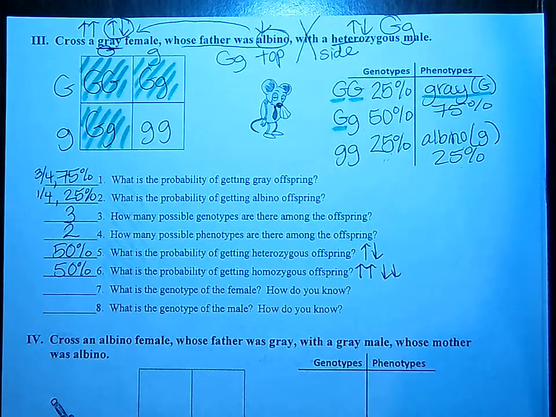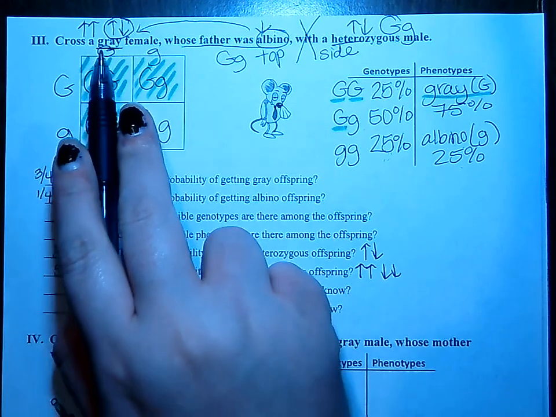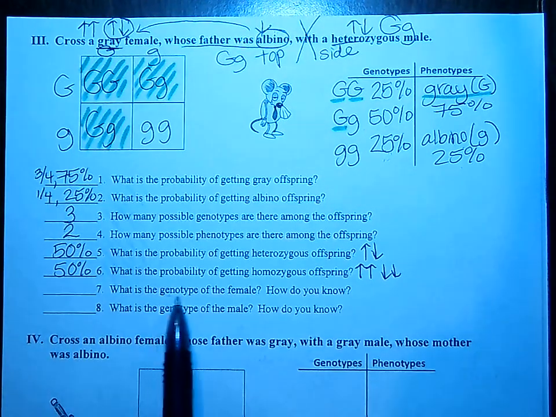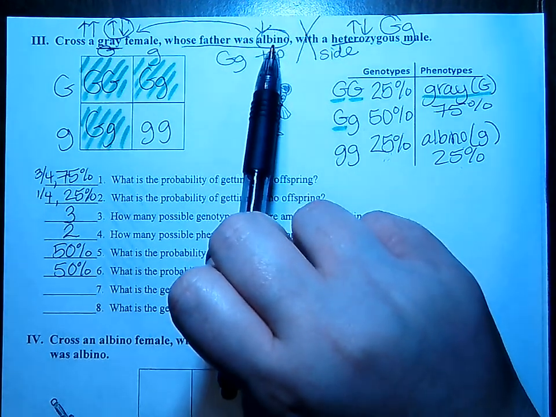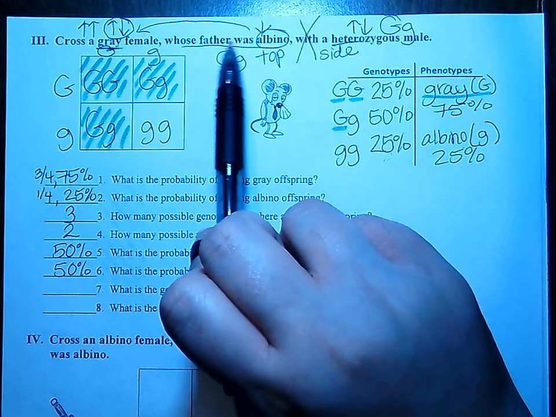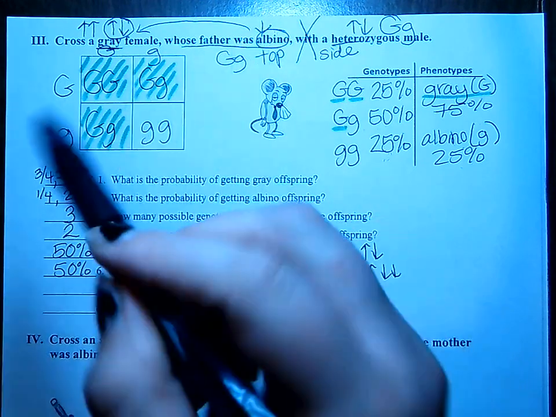All right, number 7. What is the genotype of the female and how do you know? Well, we figured out she's already gray, but for genotype, that is the 2-letter combination. We came up with big little because she's a carrier of the albino gene since her father was albino.